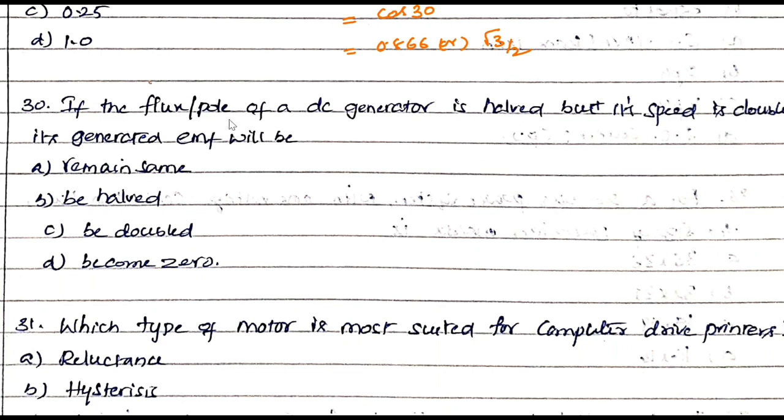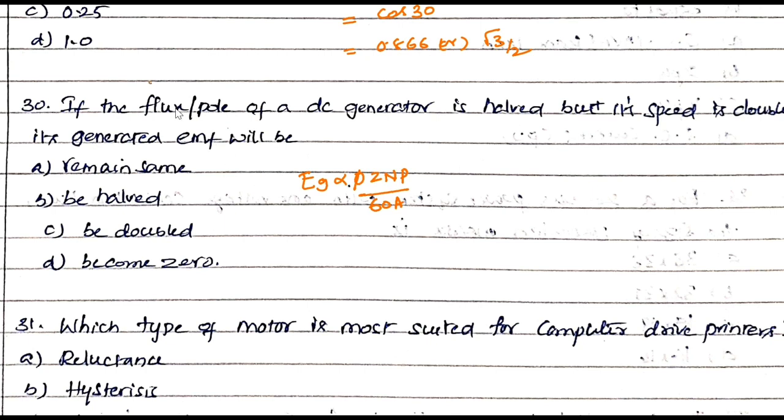If the flux per pole of a DC generator is halved but its speed is doubled, its generated EMF will be? We know the basic formula: Eg is proportional to phi ZNP by 60A.